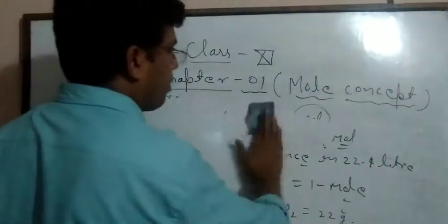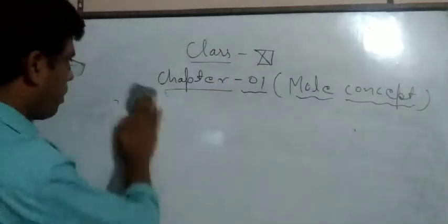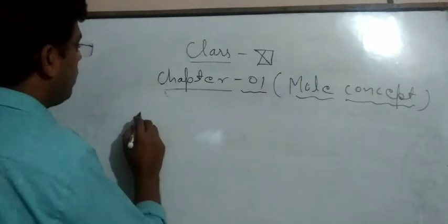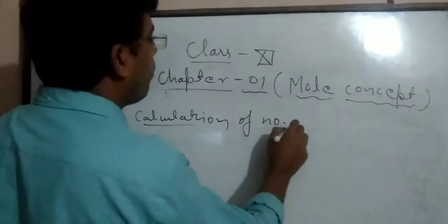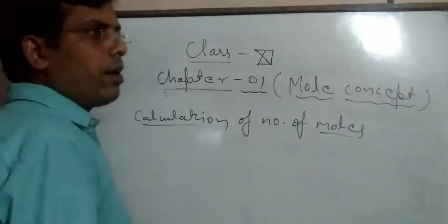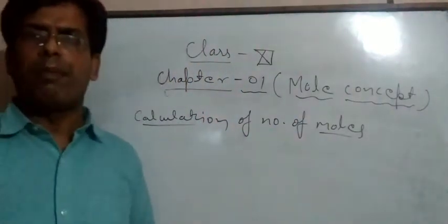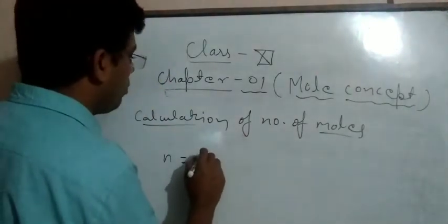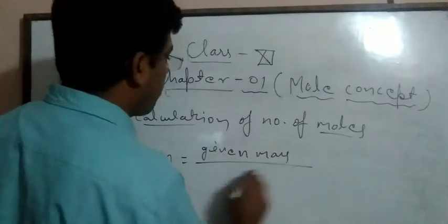If the gram mass of any chemical substance is given, then the number of moles, n, is equal to the given mass upon the molar mass.